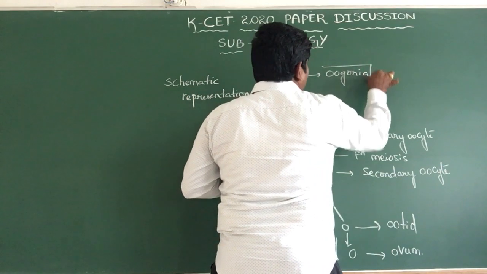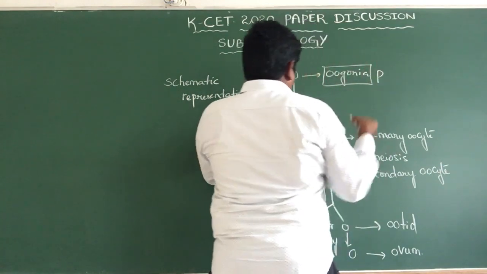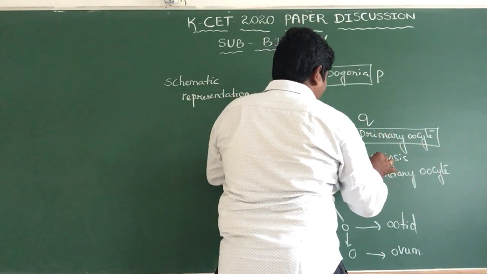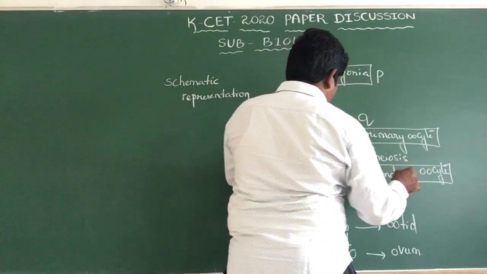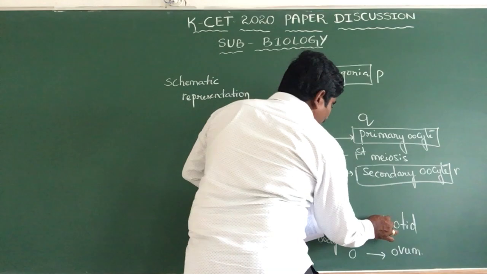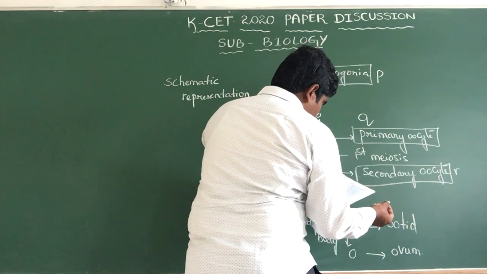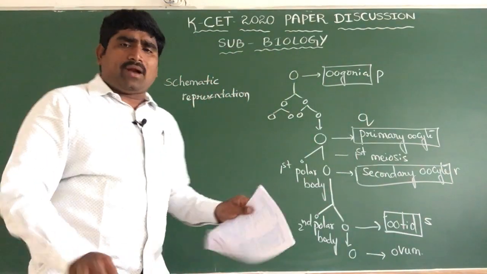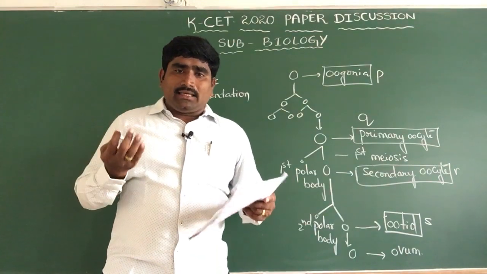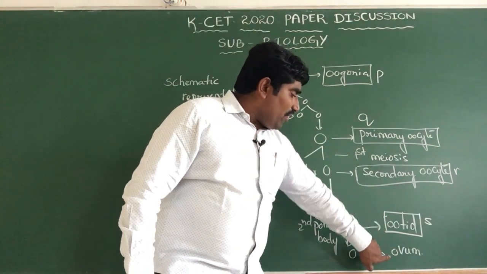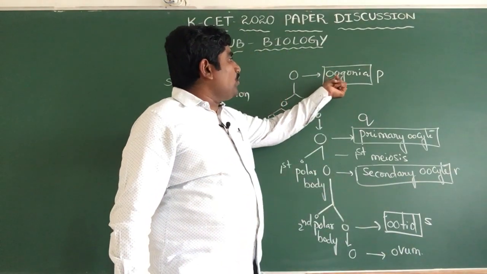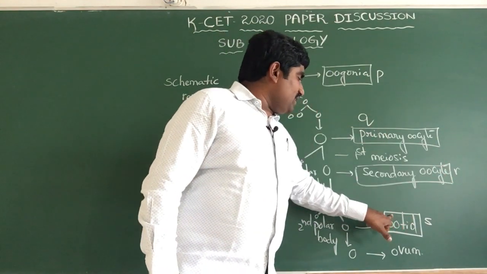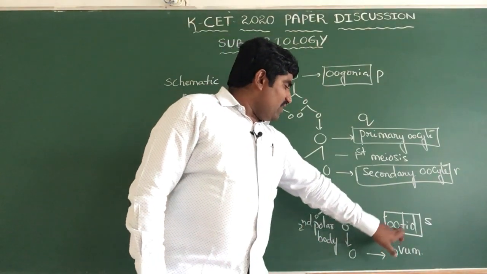In this question paper, in the place of oogonia they have given P, in the place of primary oocyte they have given Q, in the place of secondary oocyte they have given R, and in the place of oocyte they have given S. But the oocyte option they have not given; instead of oocyte they have given ovum, no problem. The oocyte only modifies into ovum.